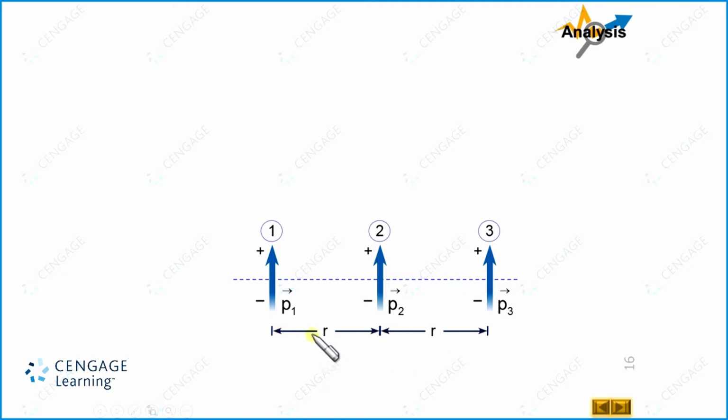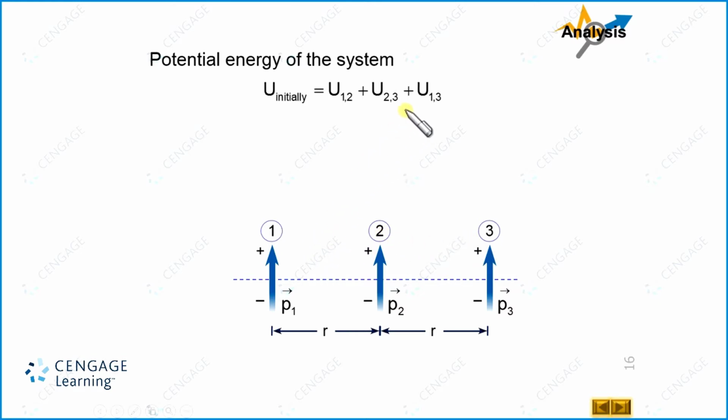Separation is small r and small r. If we take the 3 dipoles as a system, we will have 3 pairs. That means we can write the potential energy of the system as U12 plus U23 plus U13. This is the potential energy associated with the 3 pairs of dipoles.